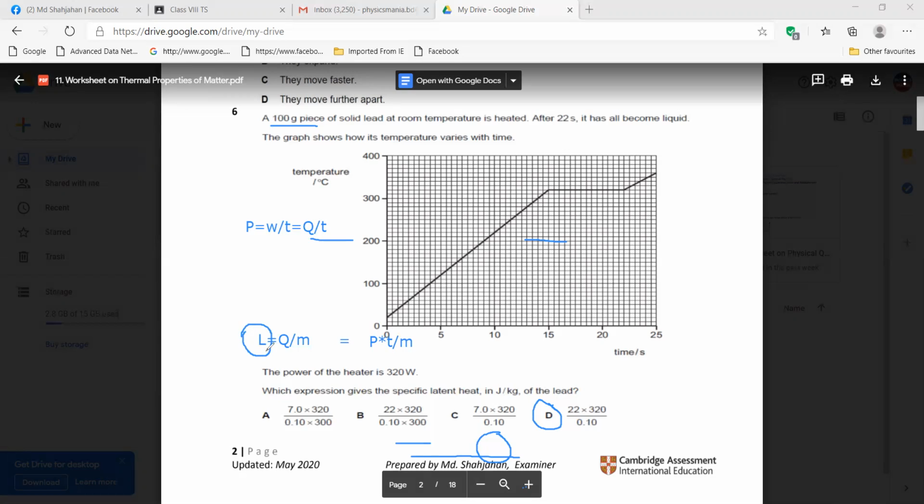For specific latent heat, you have this formula Q by M. But you don't have Q here directly. You have indirectly been given Q here. Your P multiplied by T is your Q. After getting these steps, all the things are coming, right? Then 6 is done. 6 answer is D.